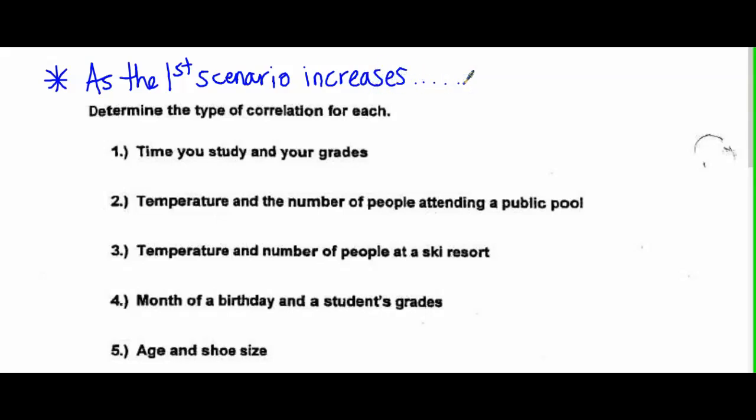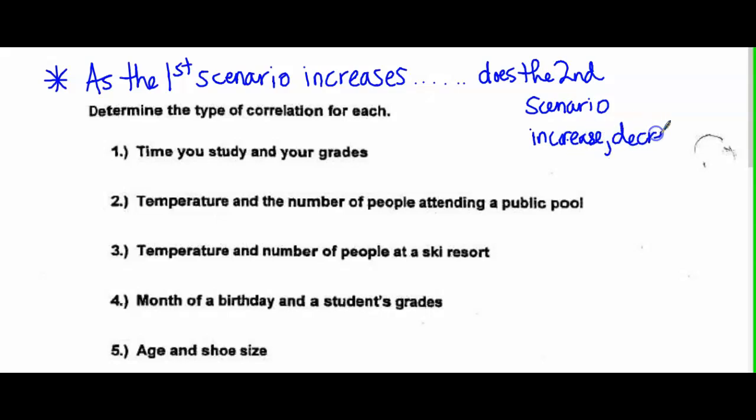Every time you do this, the first scenario has to be increasing. You ask yourself, does the second scenario increase, decrease, or have nothing to do with it? Okay? And that tells you if it's a positive correlation, negative correlation, or no correlation.